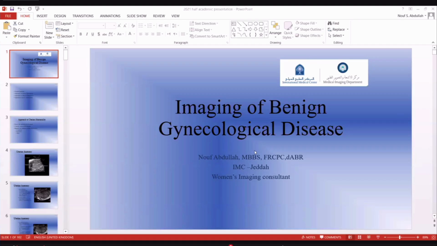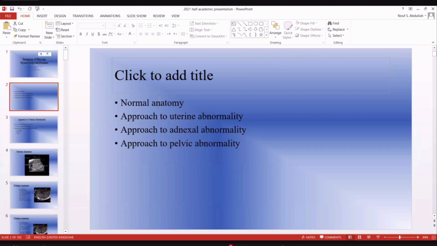So starting with imaging of benign gynecological disease, as I always say, it's very important to have a very good approach to uterine anomaly. Whenever you look at the pelvis, the first thing I think about is, am I dealing with a gynae disease?